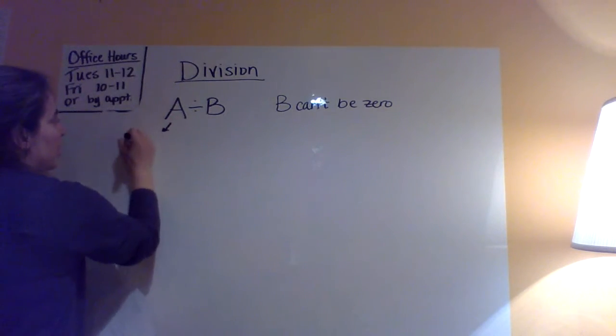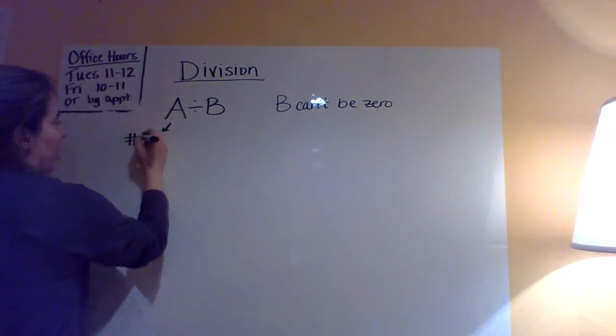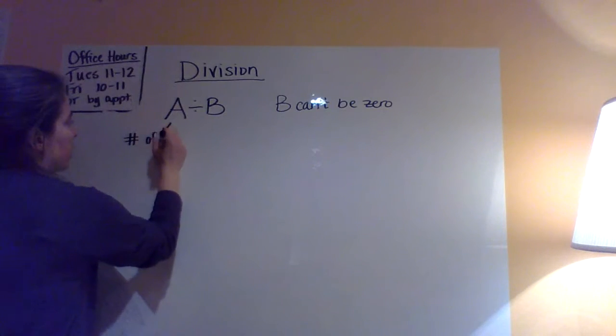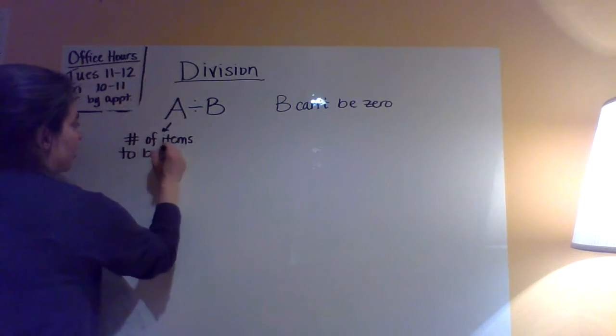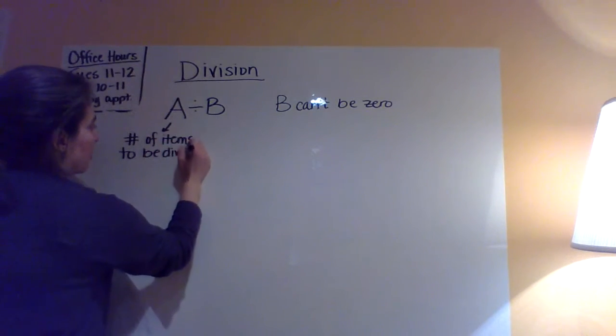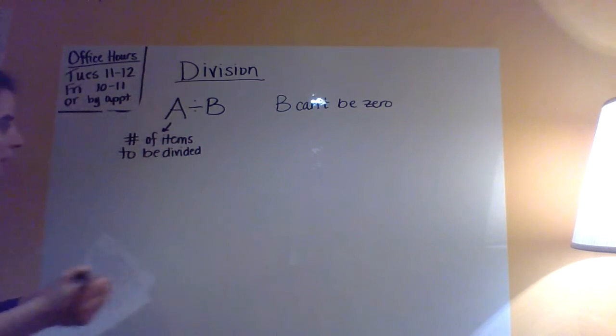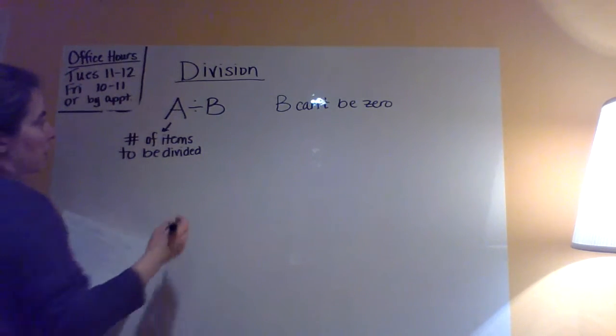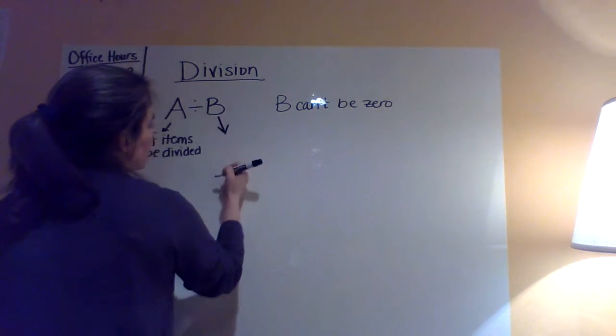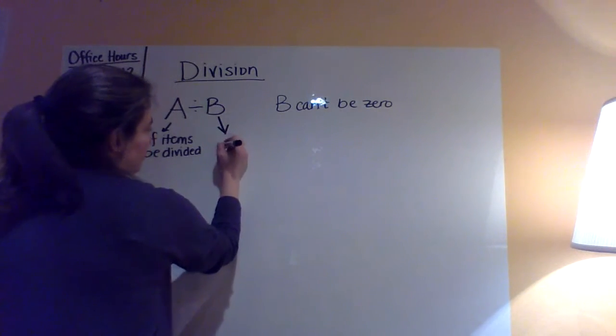So in this way of thinking about it, A is going to be the number of items to be divided. And B could be one of two things.